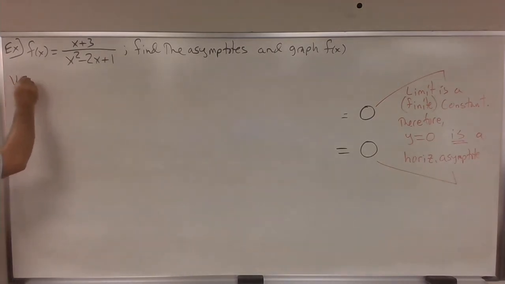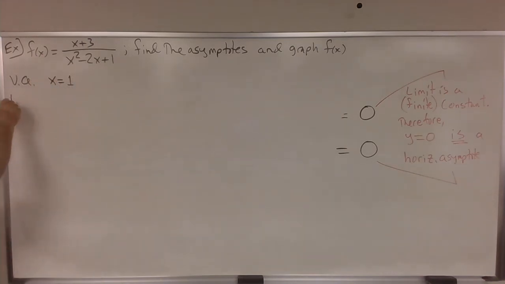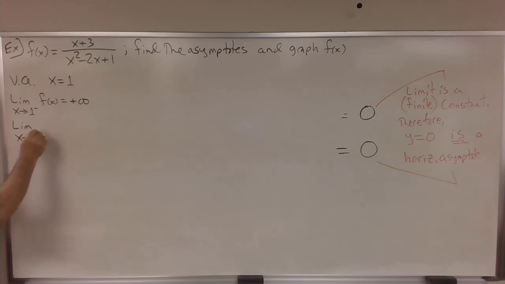Vertical asymptote, I'll call that VA. And that's x equal 1. And the limit as x goes to 1 from the left of f of x is equal to plus infinity. Let's see, they were both equal to plus infinity, weren't they? So as x approaches 1 from the right of f of x, that's plus infinity.